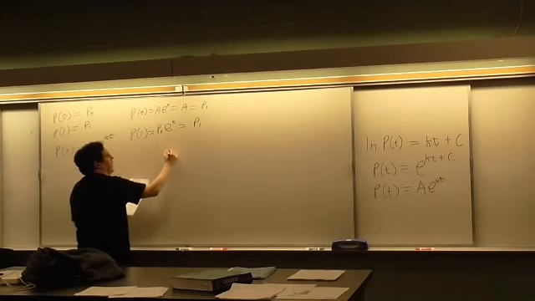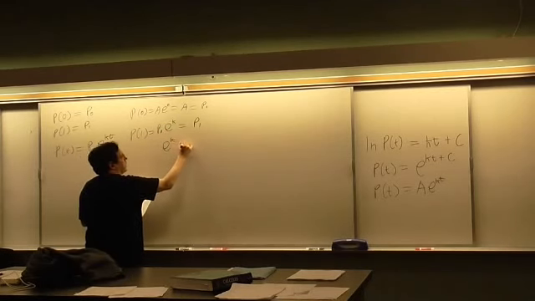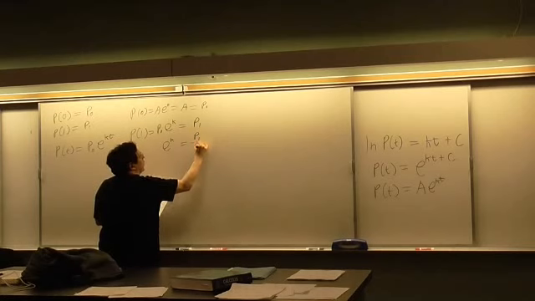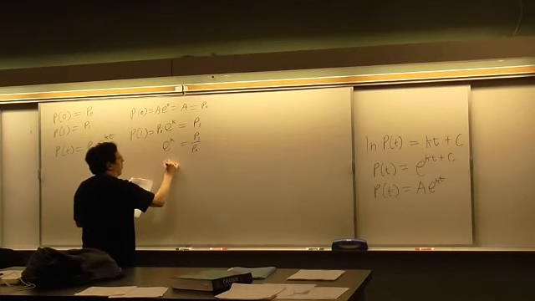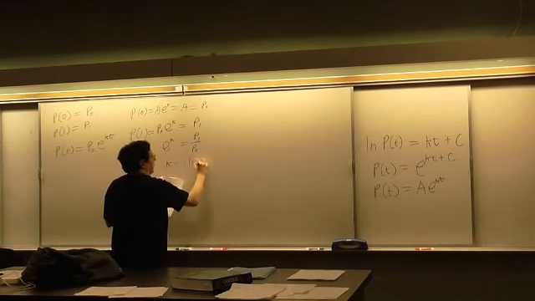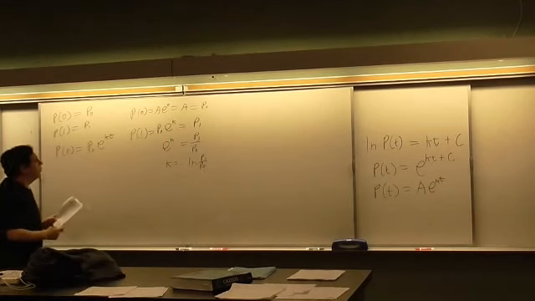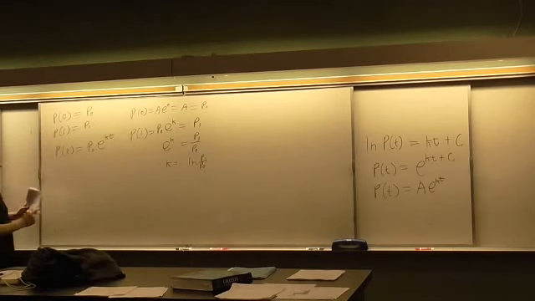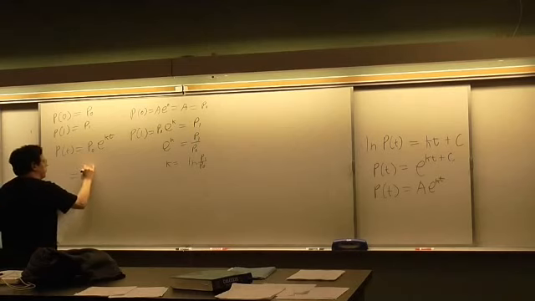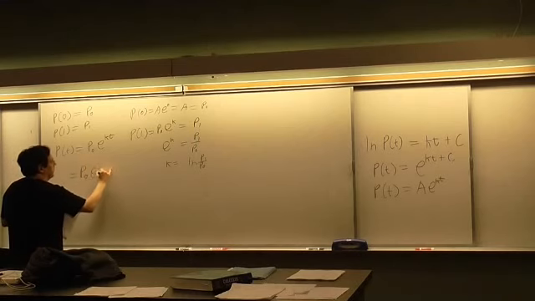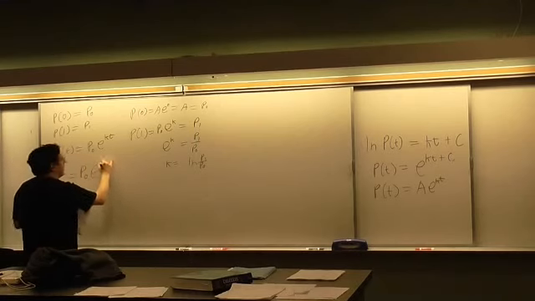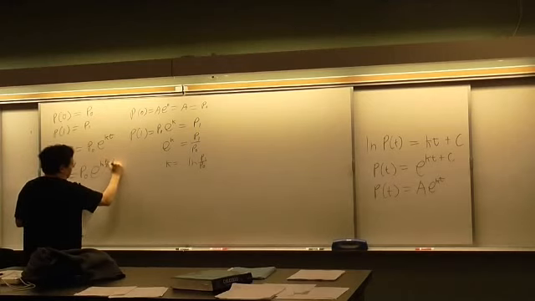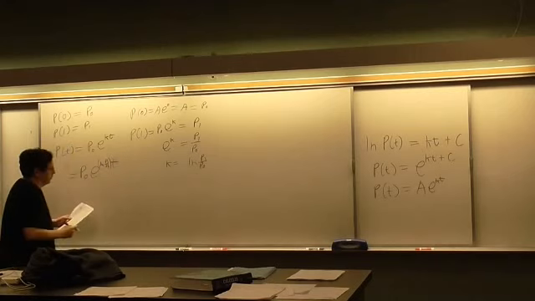So if I solve for k now, I get e to the k is p1 over p naught, or k is just the natural log of p1 over p0. So given these initial conditions, I now know that my solution is p0 e to the log of p1 over p0 times t.